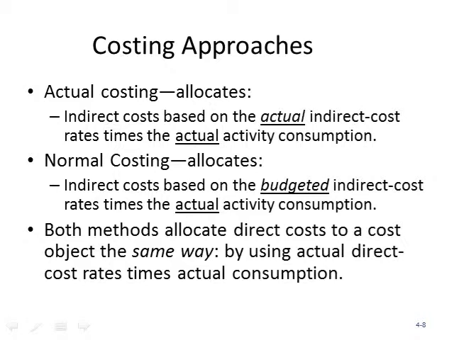So in the sense of normal, we're saying we're not concerned about what our actual costs are for this particular allocation. We're going to use budgeted indirect cost rates times the actual activity. But you will see in both cases we're using actual activity. Both methods allocate direct costs to a cost objective the same way, right? One by using actual, one by using budgeted.